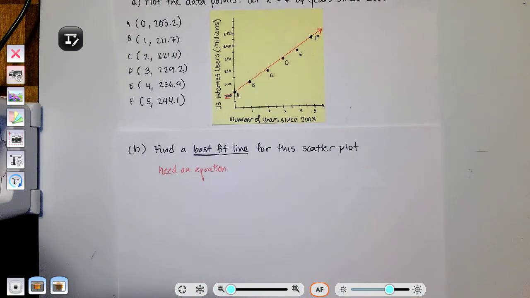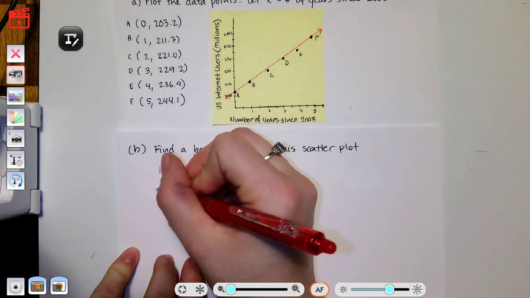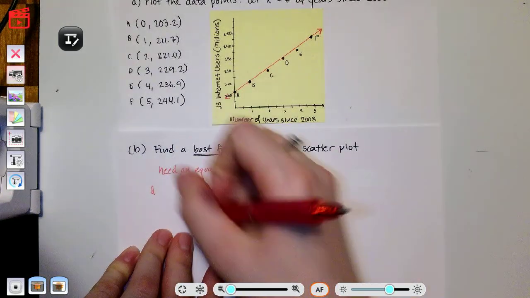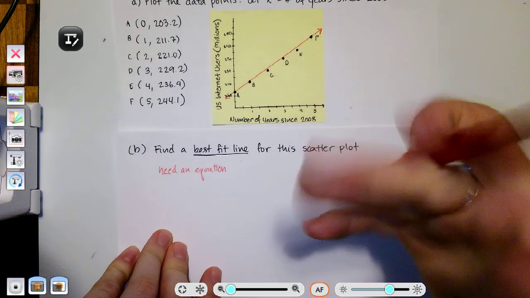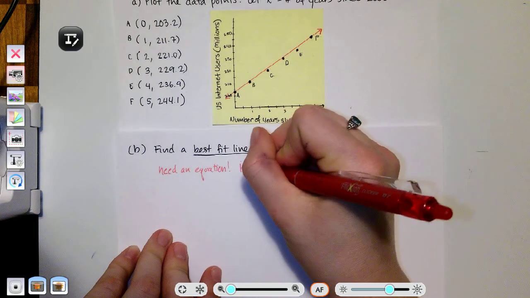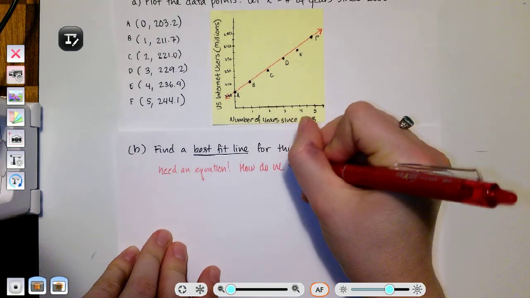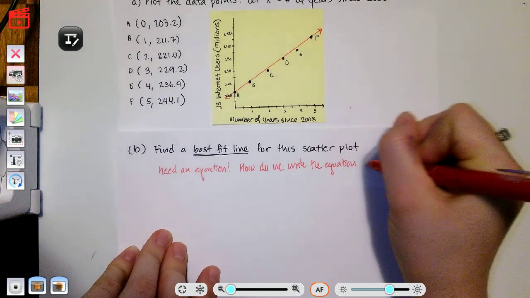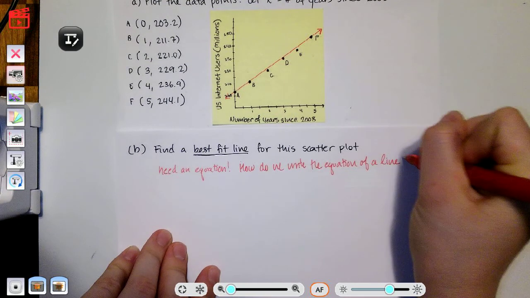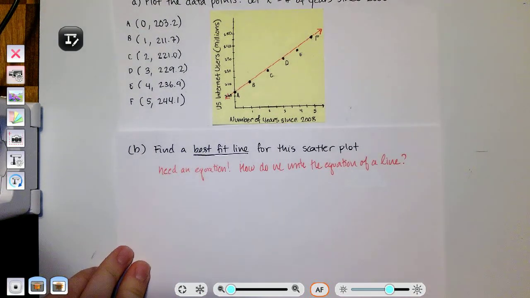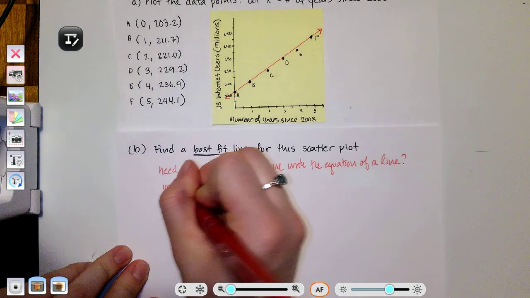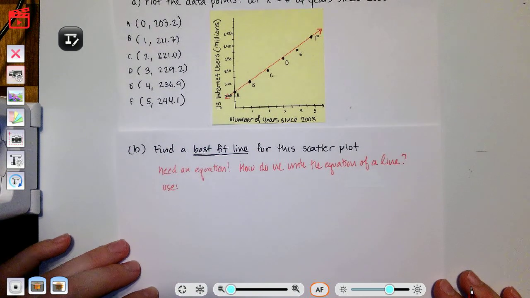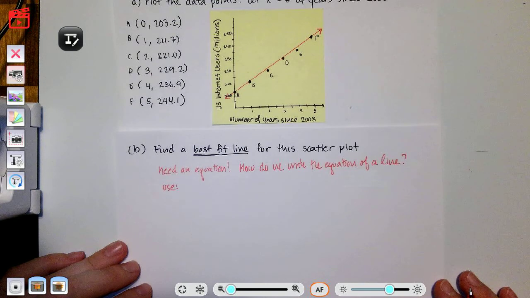Which brings to mind the idea we have about writing the equation of a line. So how do we write the equation of a line? Well, if you remember from the other videos, is this a horizontal line or a vertical line?